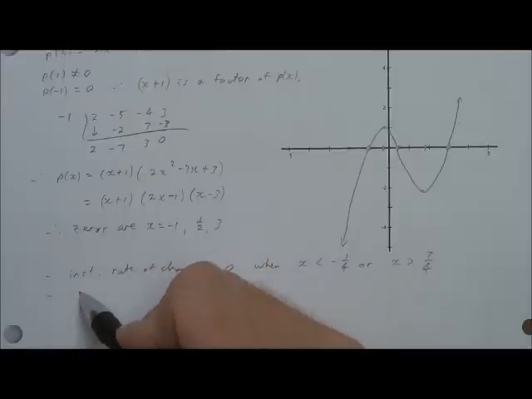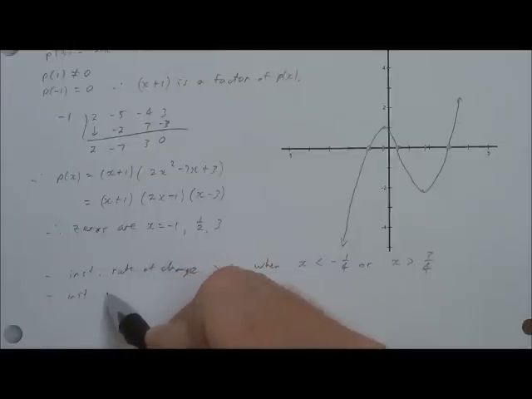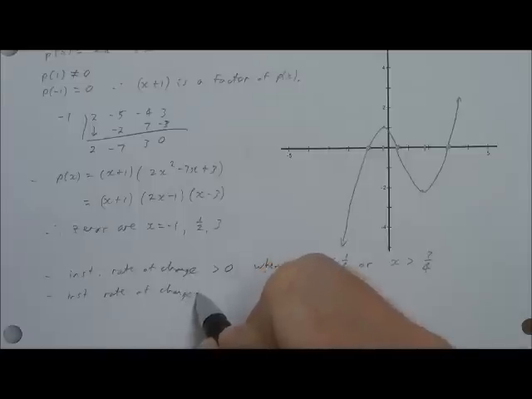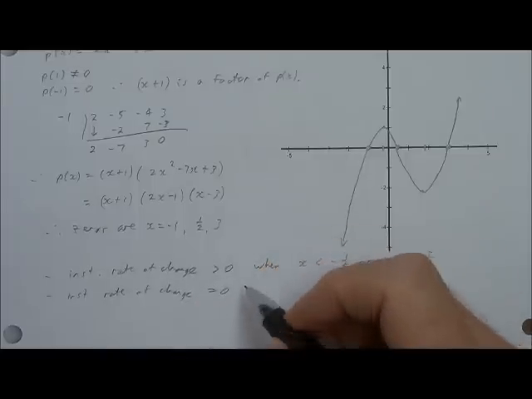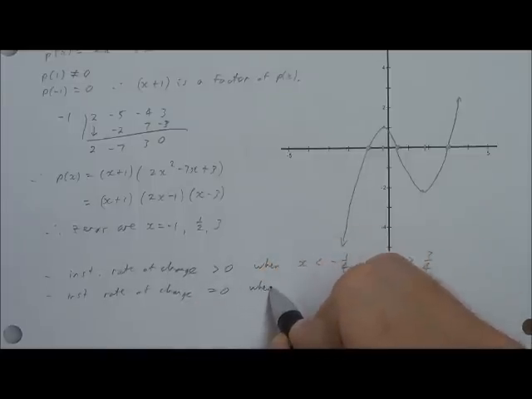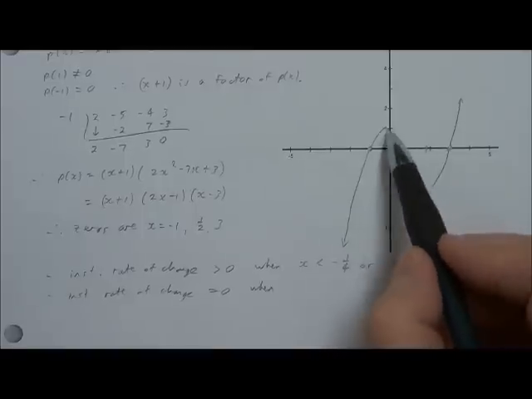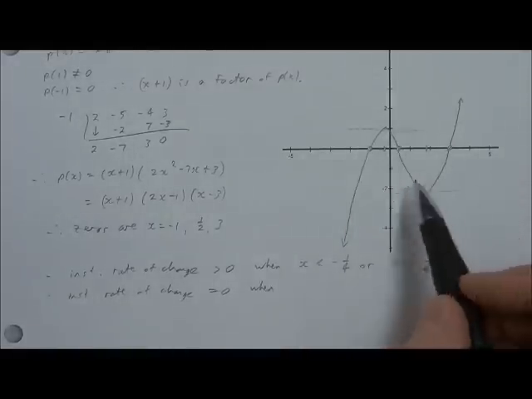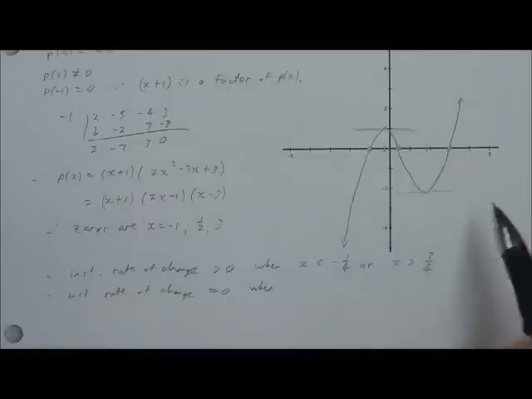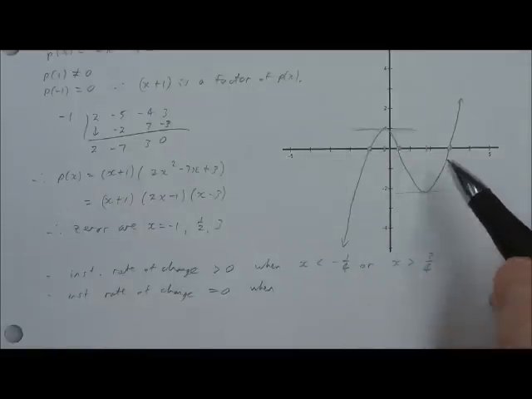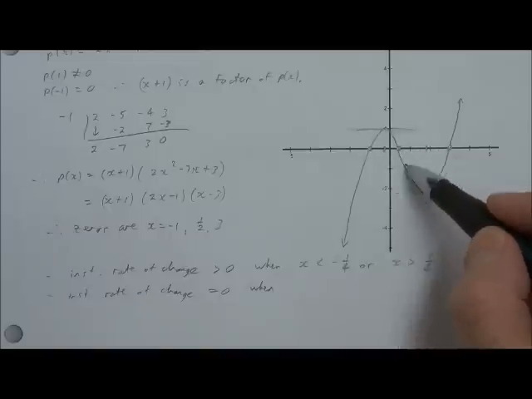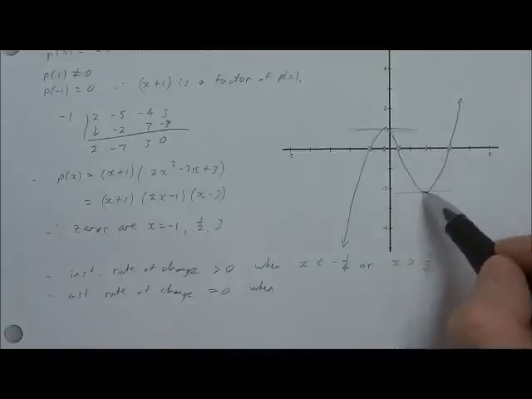And then the instantaneous rate of change is equal to 0. Okay, so that's going to occur at the turning points where we'll have a horizontal tangent, and the horizontal tangent indicates a slope of 0, which is the turning point where the graph changes from increasing to decreasing or from decreasing to increasing.